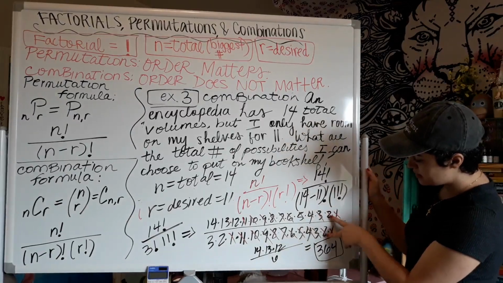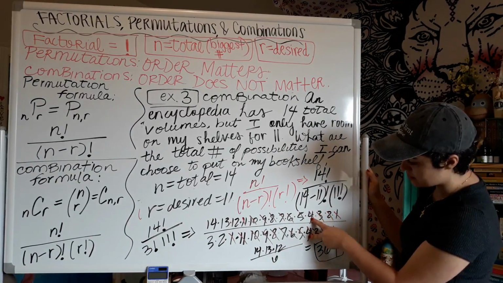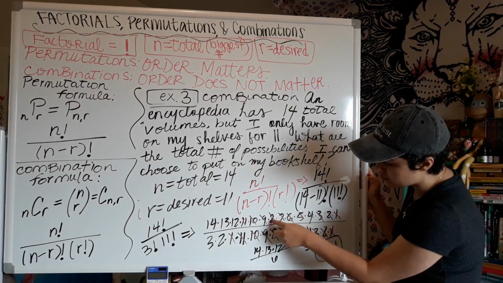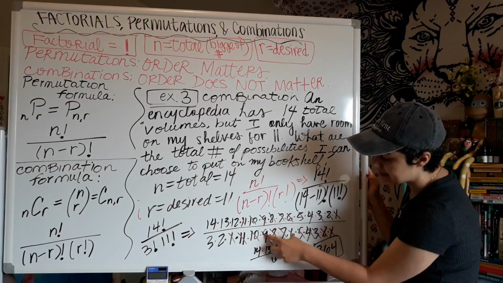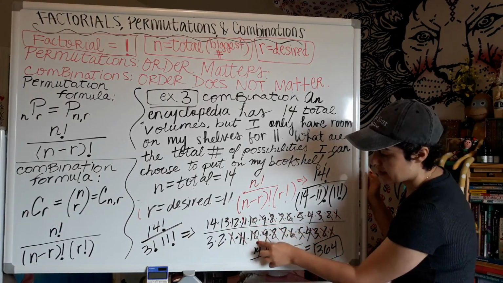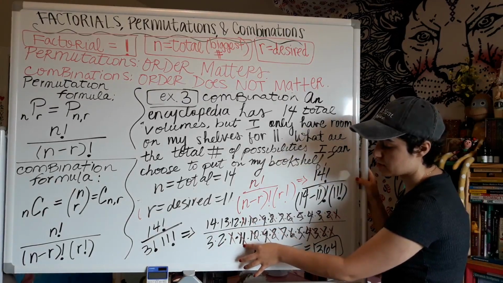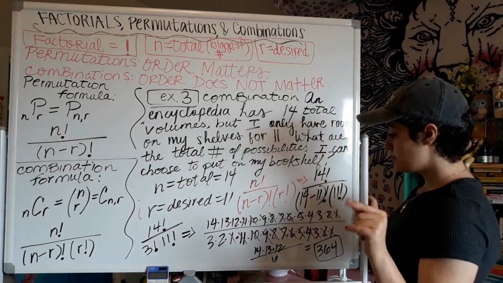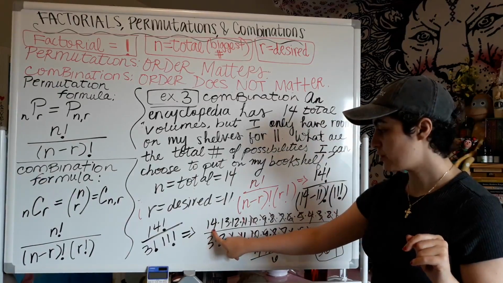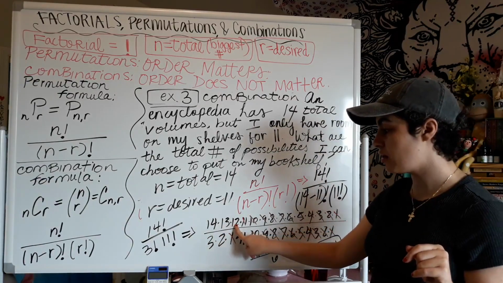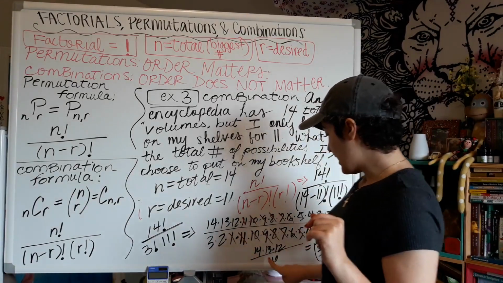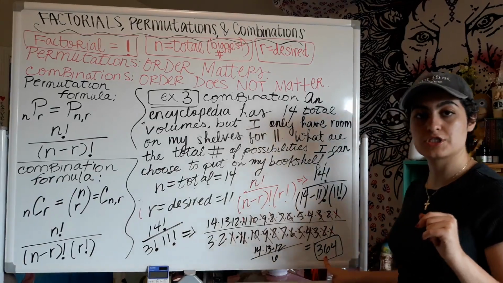The 4s cancel, 5s cancel, 6s, 7s, 8s, 9s, 10s cancel, and the 11s cancel. I got rid of the 1. So it's 14 times 13 times 12 over 6 that I'm left with, and that came out to 364.